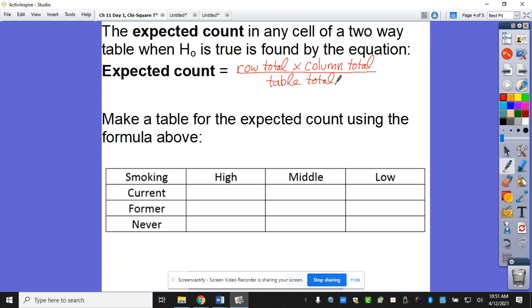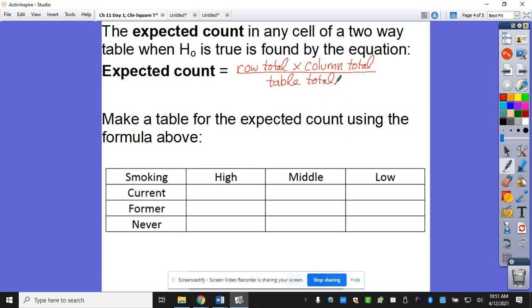And that'll give us how many we expect of each pair of categories. Because this is notes, I'm going to start out by writing what I multiplied to get there, but eventually you'll just need to write the answer.